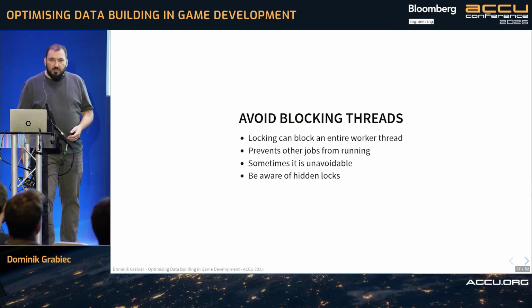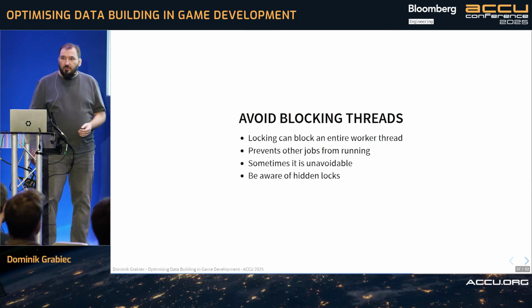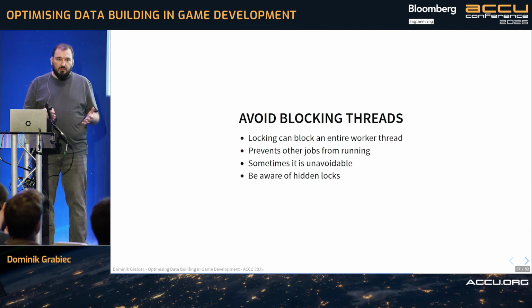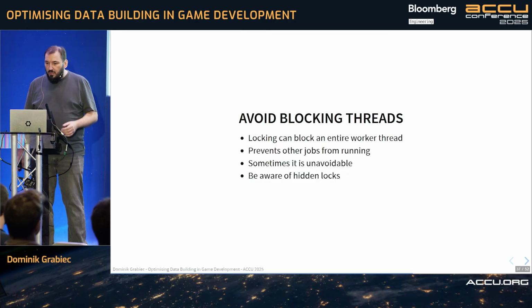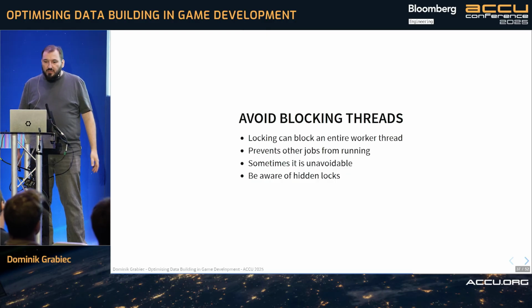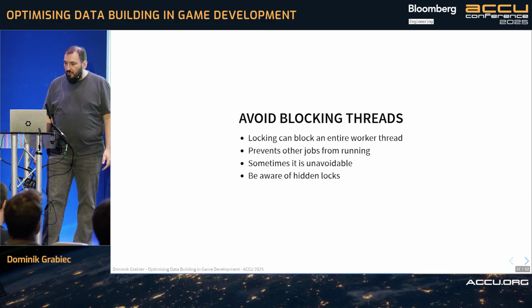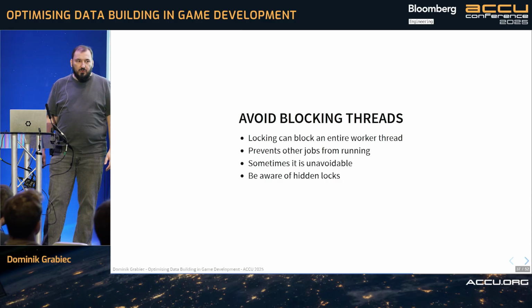Sometimes, unfortunately, locks are unavoidable because you need to guarantee data safety, and so you need to lock to do something. And sometimes locks appear in places you don't expect. Like, I think from a previous talk, there was a lock in printf, because it has a lock to make sure that you only output to the console from one thread.